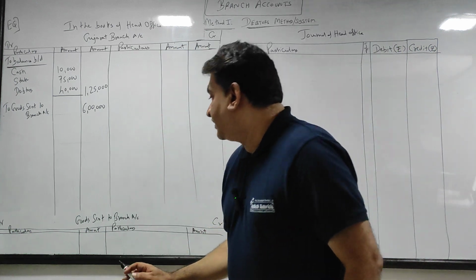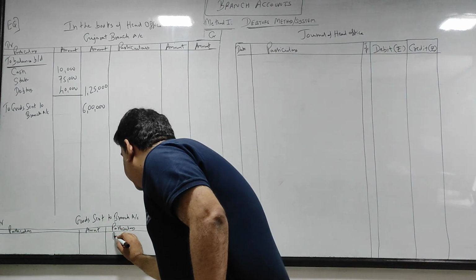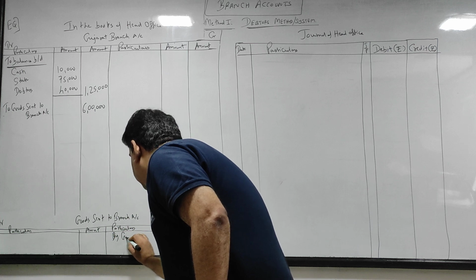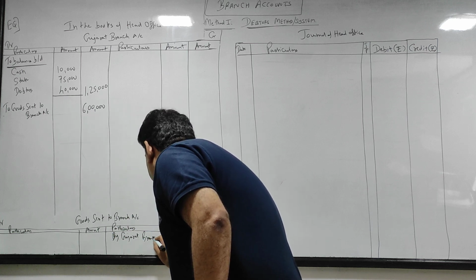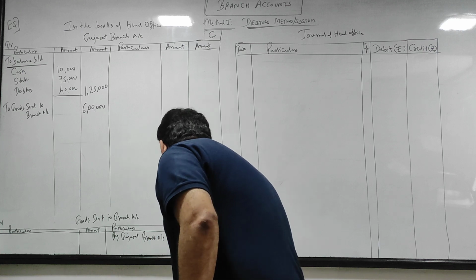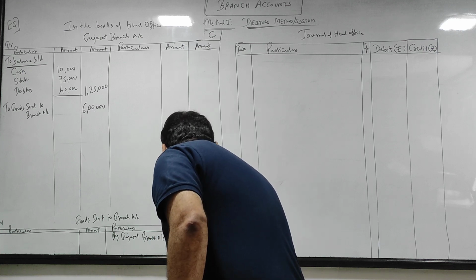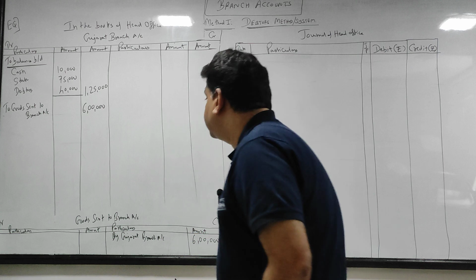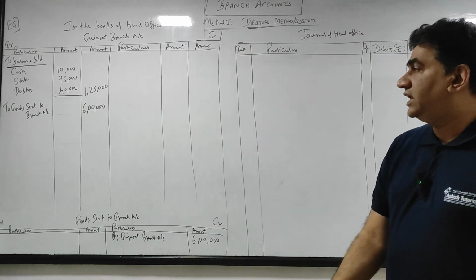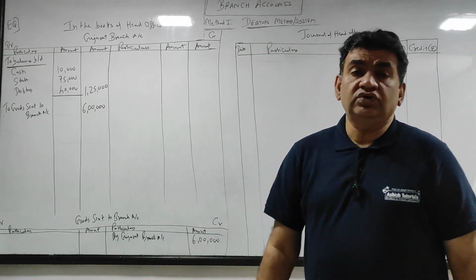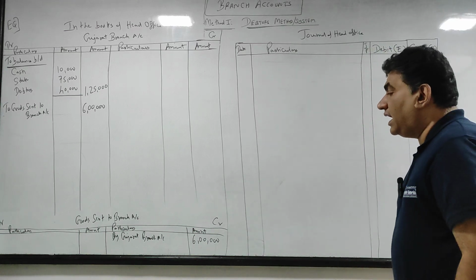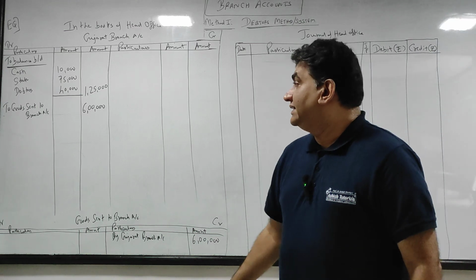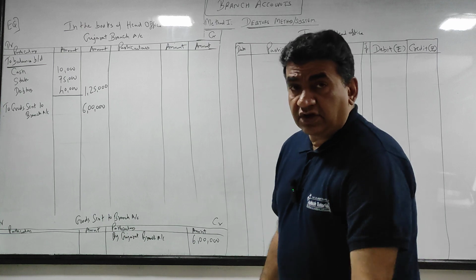Give the second effect. Come to the debit side of goods sent to branch coming from Gujarat branch account. So right there, by Gujarat branch account 6 lakhs. Gujarat branch में to goods sent to branch and goods sent to branch में by Gujarat branch account, that is 6 lakhs. Got it guys?